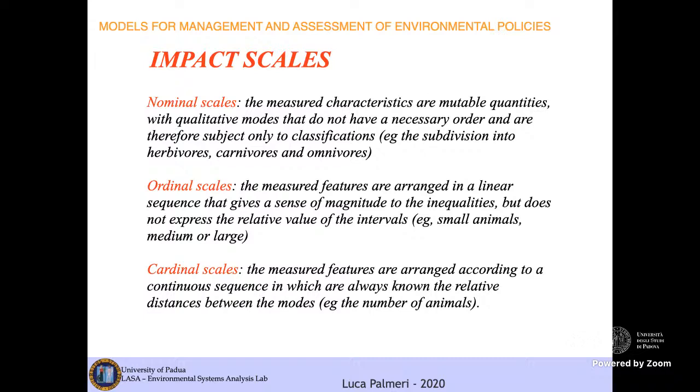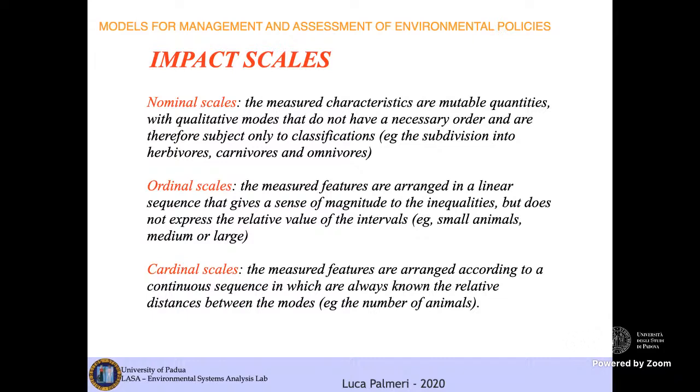It is important also for impact definition to define impact scales. Impacts may have nominal scales. In the nominal scale, the measured characteristics are mutable quantities with qualitative modes, but do not have a necessary order and are therefore subject only to classification.